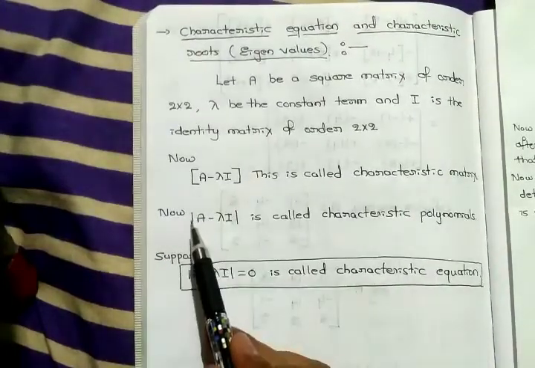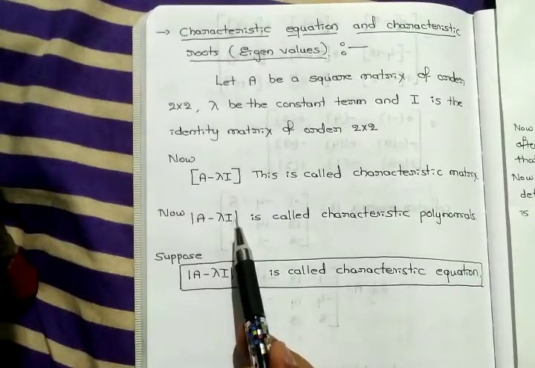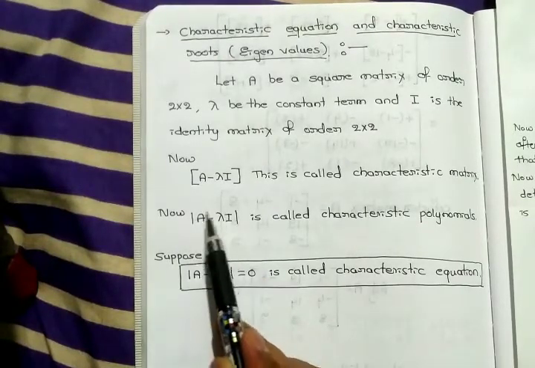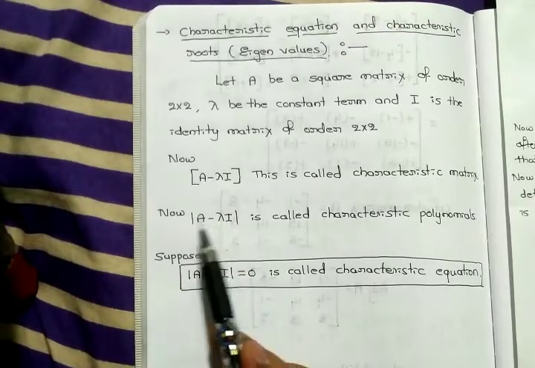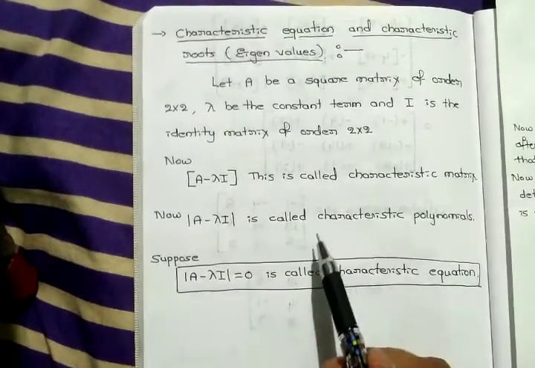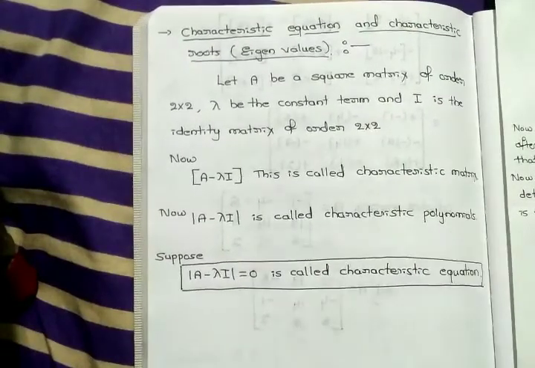So after simplifying A minus lambda I in determinant form, we get one expression, and that expression is called the characteristic polynomial.